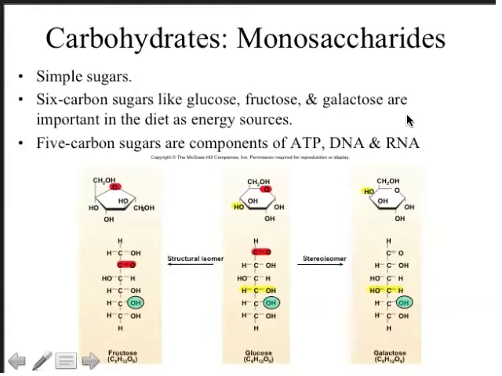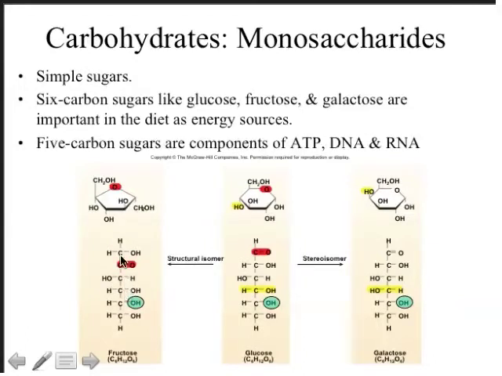Now, what you've noticed here in this diagram is that these sugars can take on a variety of different conformations. They can exist either as open chains or as rings. This is an example of an intramolecular reaction. It occurs within the molecule itself.